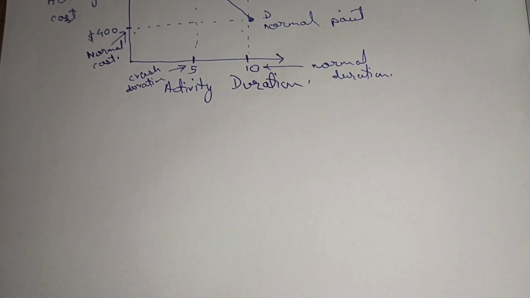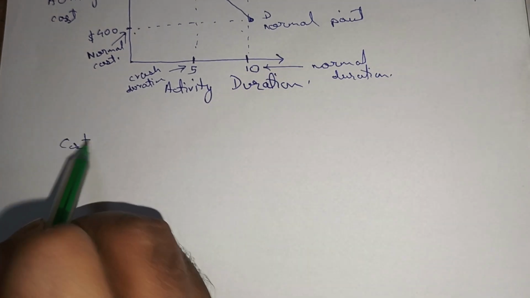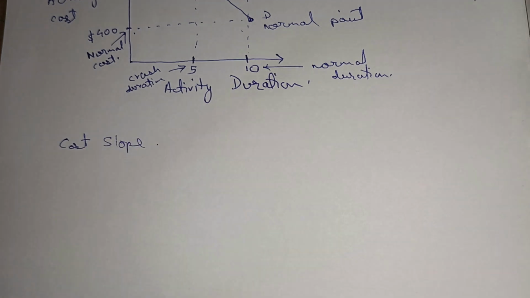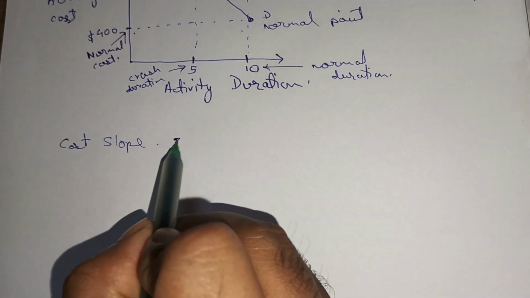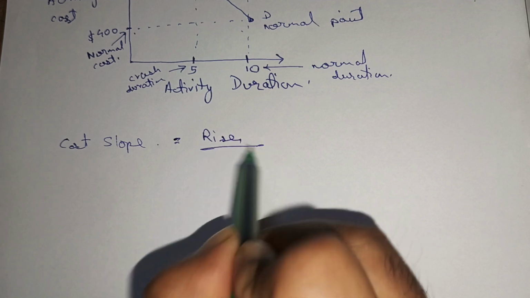Fine. So this slope B and D, this is your cost slope. Okay, this is called rise by run.